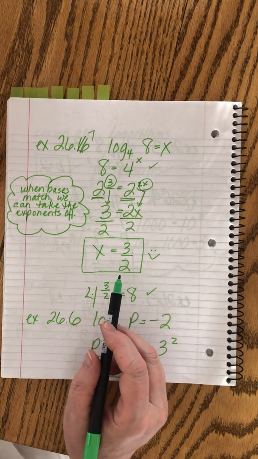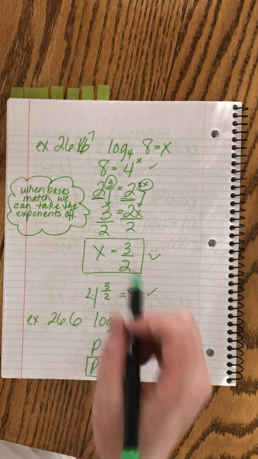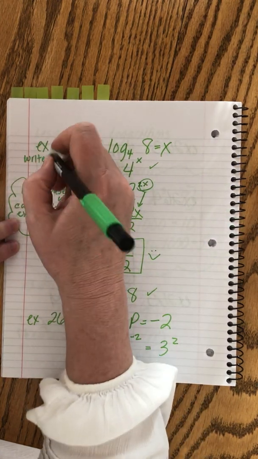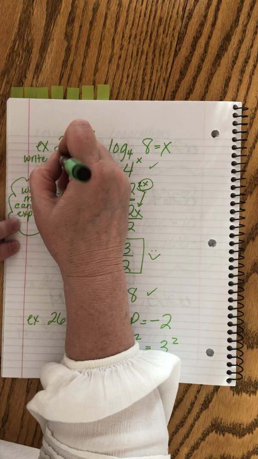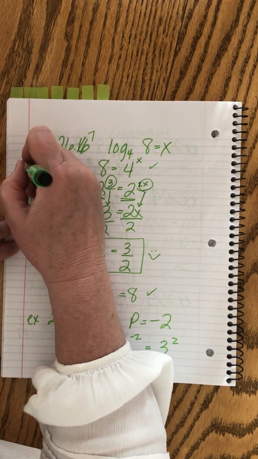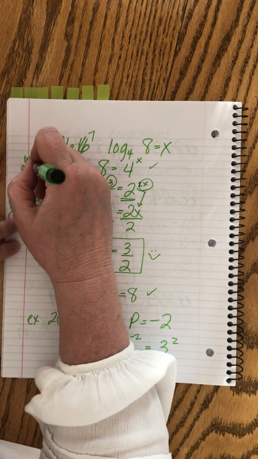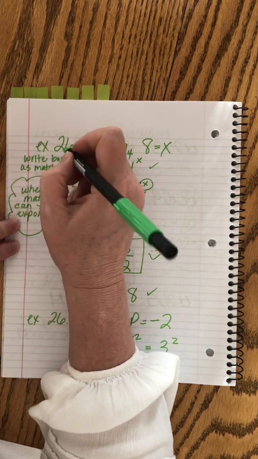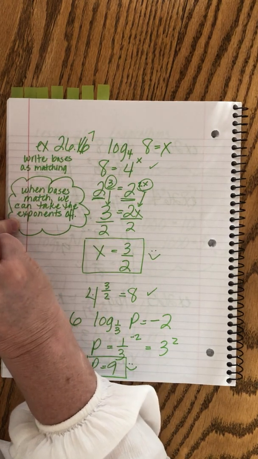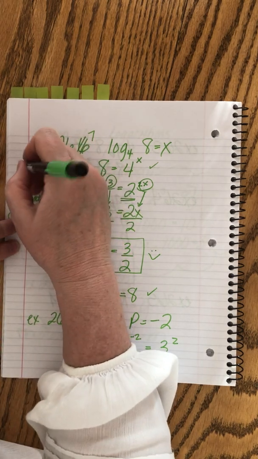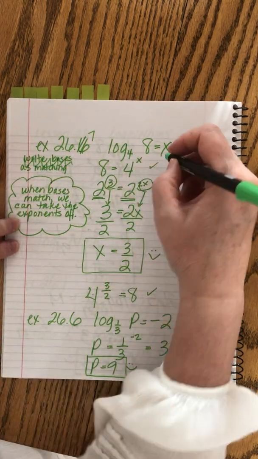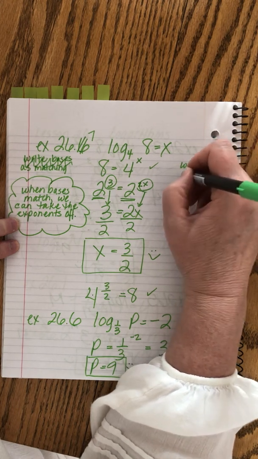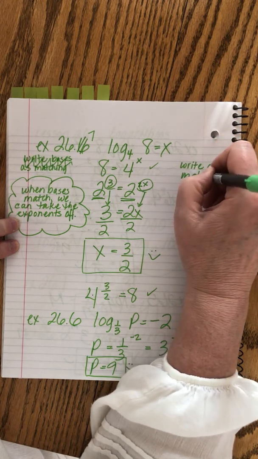And so this one, the other thing I want you to remember about this, I didn't say that right. Don't write that. Here, we had to write as matching bases.